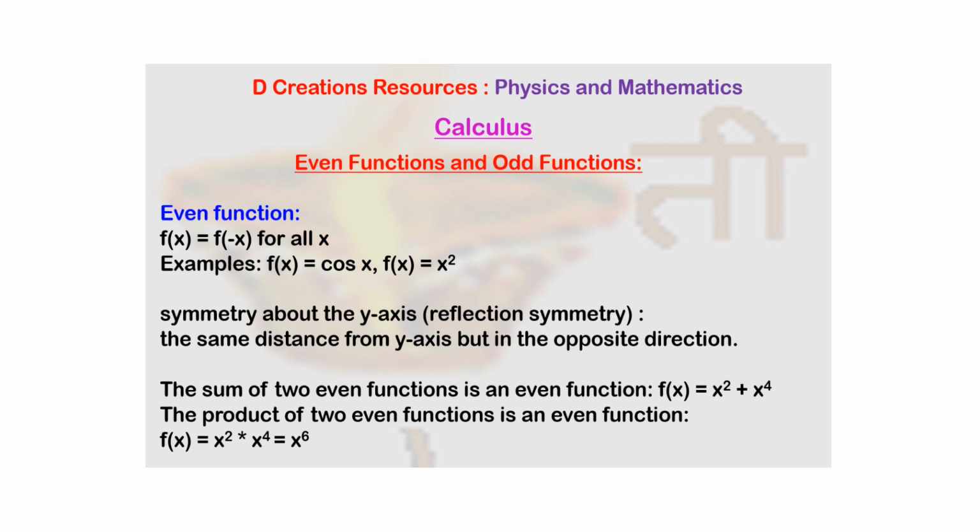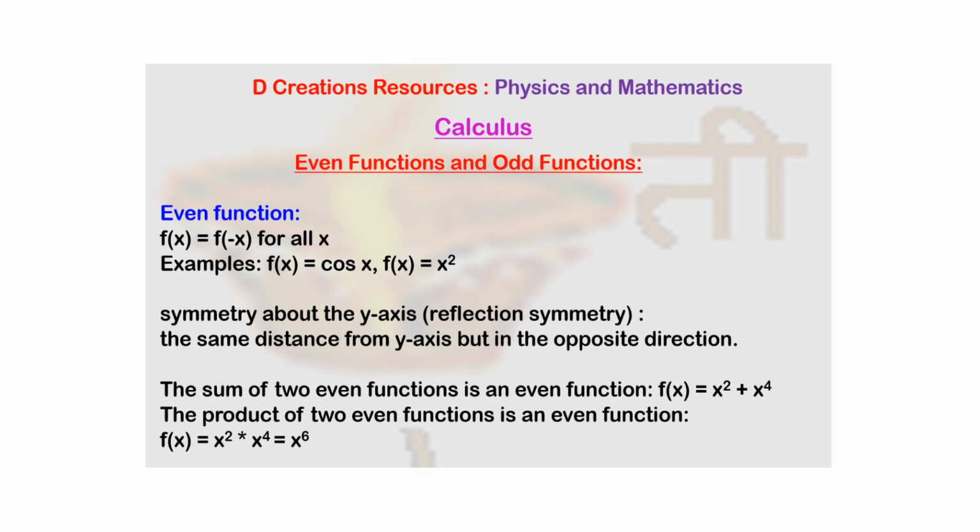If you have x and y axes, the point x, f of x, that is 3, 9, will lie in the first quadrant, while the other point, minus 3, 9, will lie in the second quadrant, and the distances of these 2 points from the y-axis are going to be equal. In fact, it's like a reflection symmetry. Even if you plot the graph of any of these functions, you will realize the same idea.